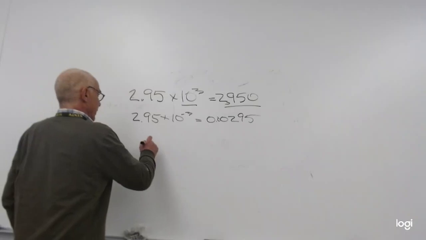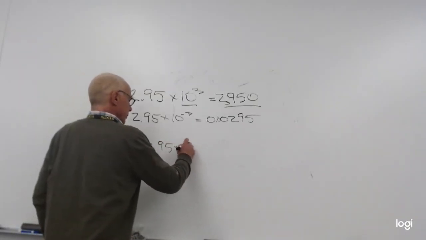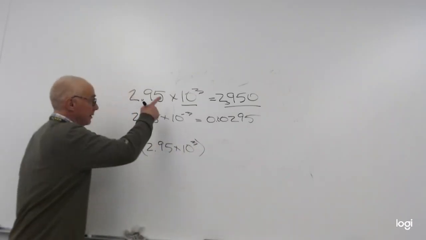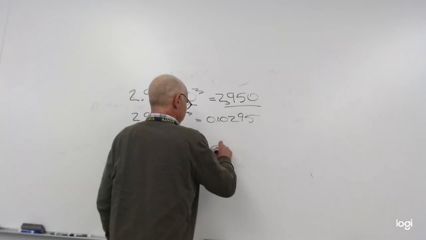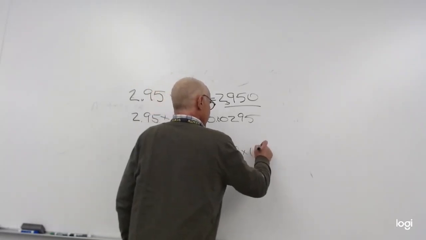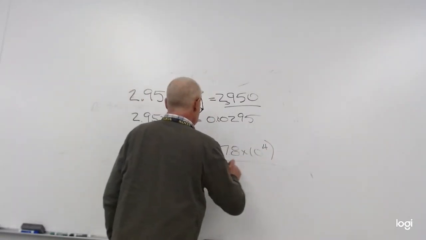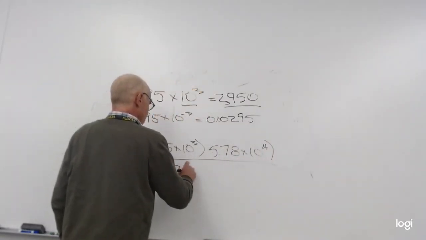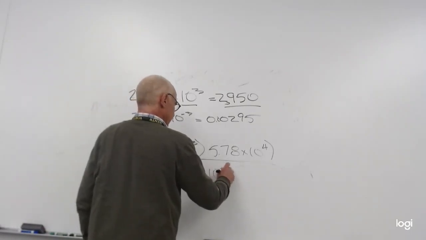I'll just give you an example here, pulling these numbers out of the air. 2.95 times 10 to the third, like we had before, and I'll have 5.78 times 10 to the fourth, and then I'll divide by 7.20 times 10 to the fifth.